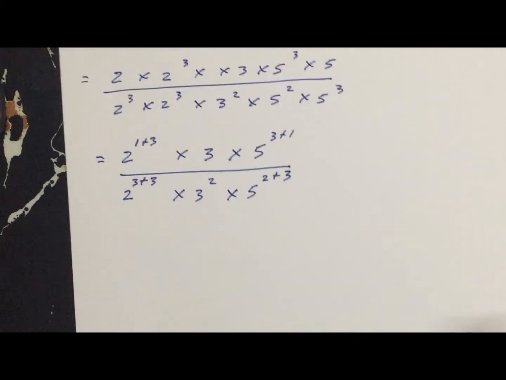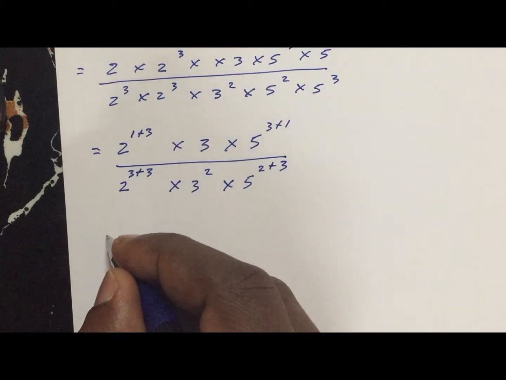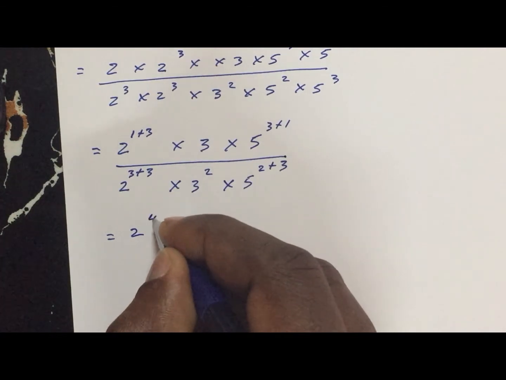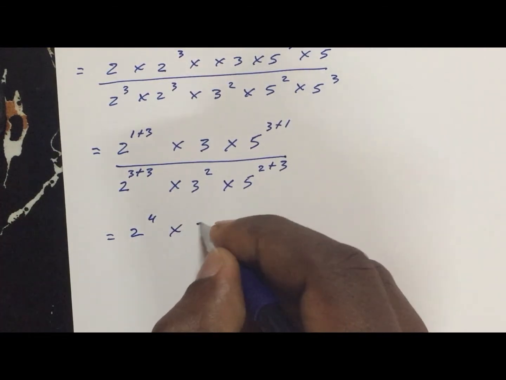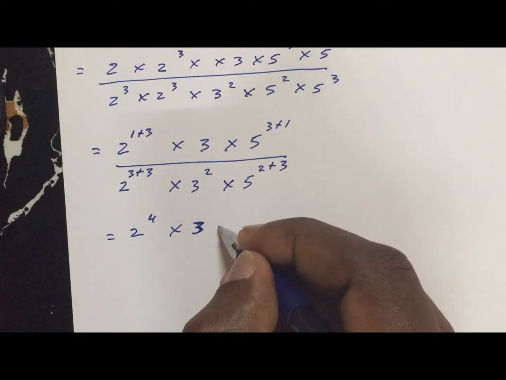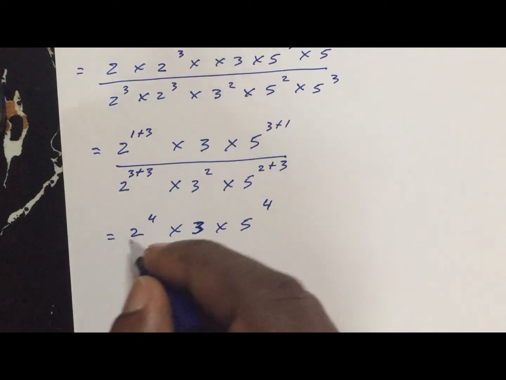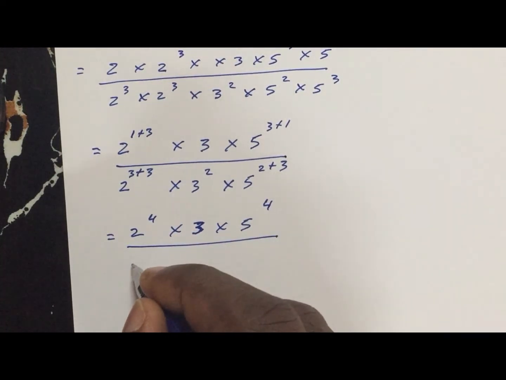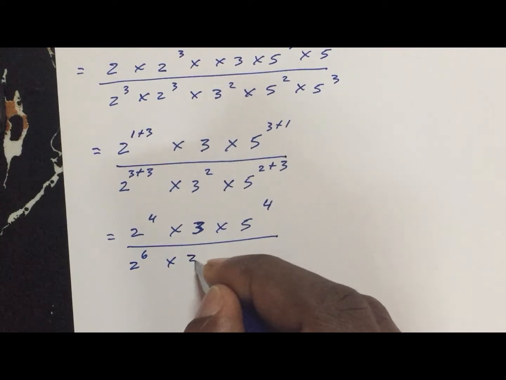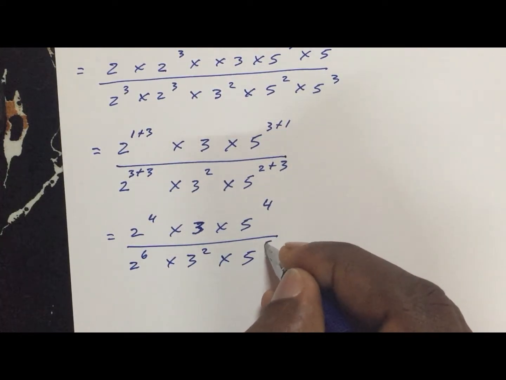So we further simplify. That will give us 2 to the 4th power times 3 times 5 to the 4th power, divided by 2 to the 6th power times 3 squared times 5 to the 5th power.